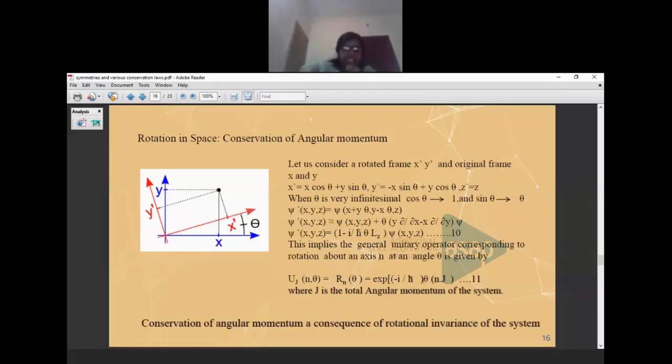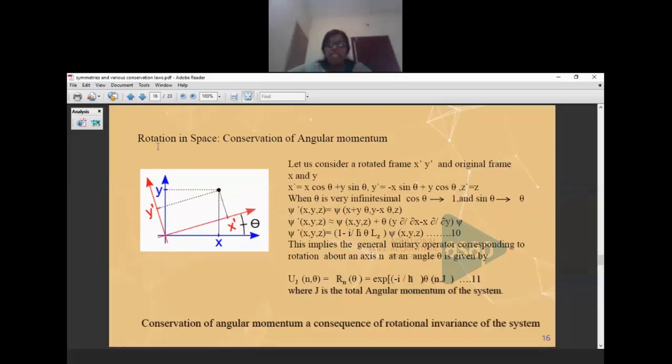Now, with these three parameters, translations in space, rotation, and time independence of the Hamiltonian, these are basically known as continuous symmetries, and they are known to us in some form from our previous models.